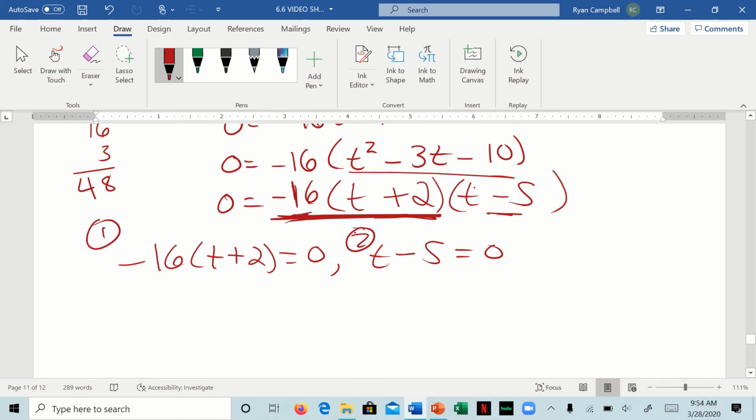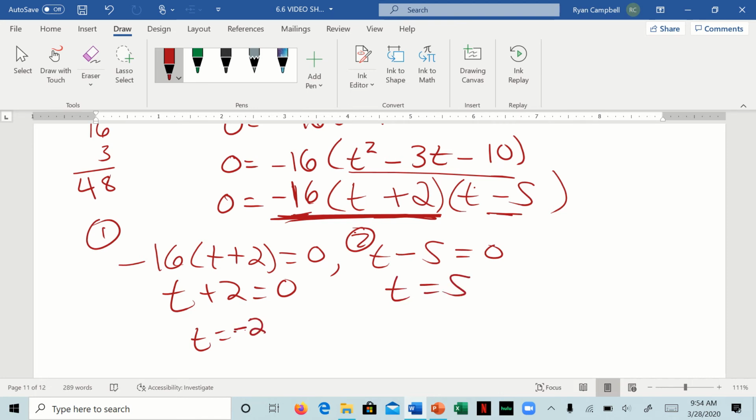All right. And then from here, right, we can divide both sides by negative 16. So we get t plus 2 equals 0. Again, computer's just not working today. There you go. And then we end up with the same thing regardless, right? Which would be t is negative 2 and t is 5.